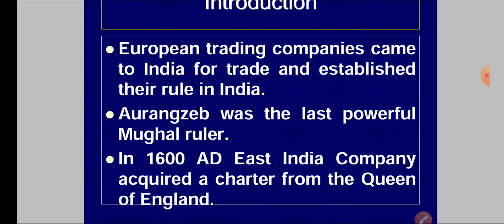Let me tell you that first of all, in 1600, the East India Company, the British East India Company, got permission from Queen Elizabeth I and they got the right to trade with eastern countries, especially here in India.